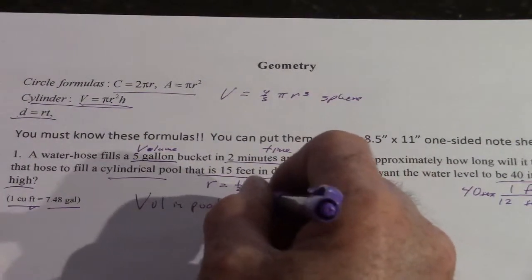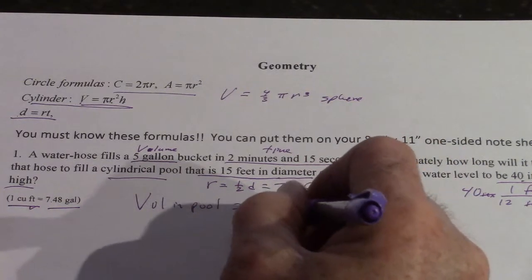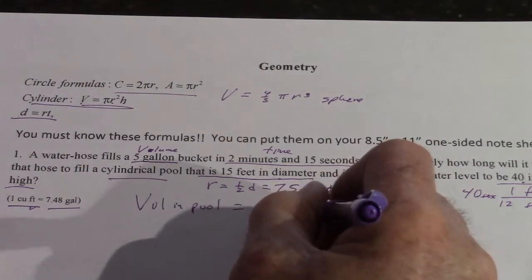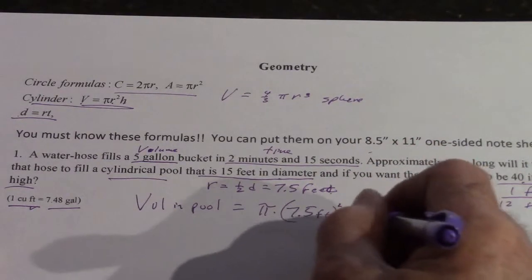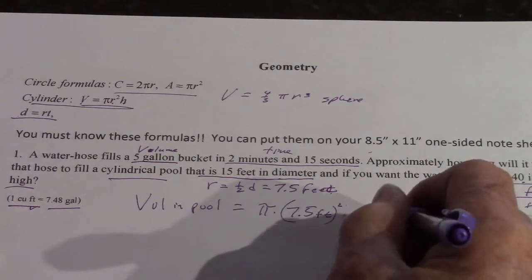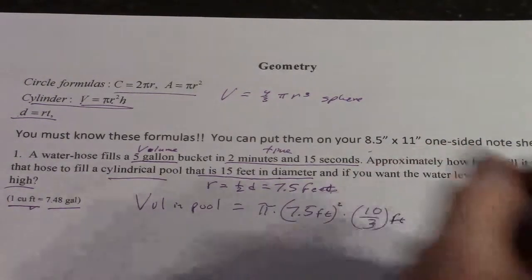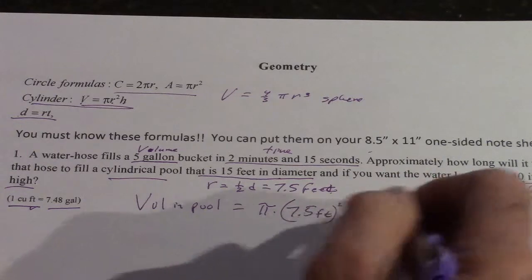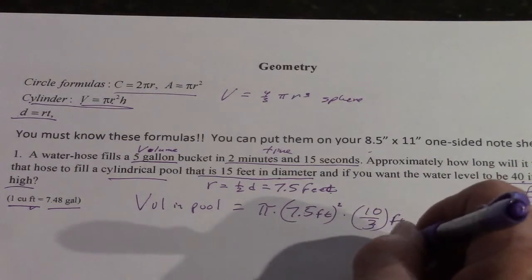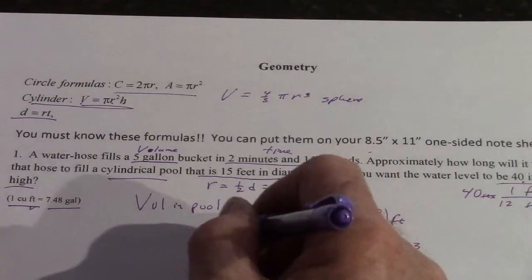We get pi times the radius squared, that's 7.5 feet squared, times 10/3 feet. Now, 7.5 feet times 7.5 feet gives you square feet, and another feet gives you cubic feet. So the answer there will be in cubic feet.